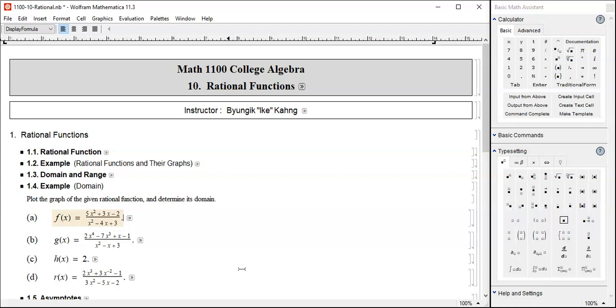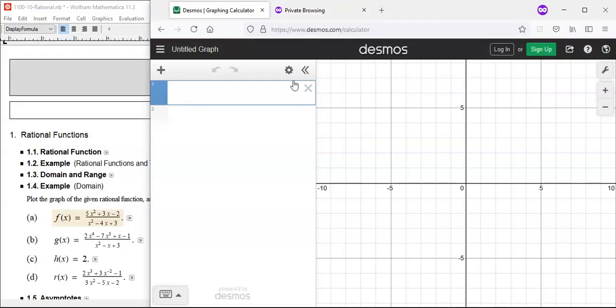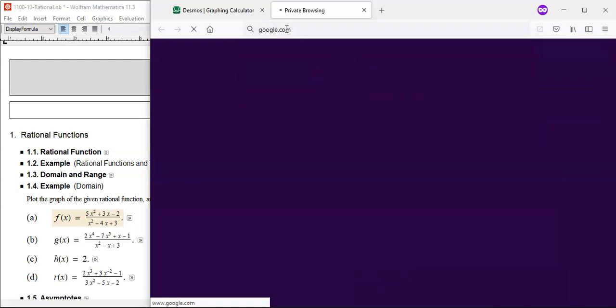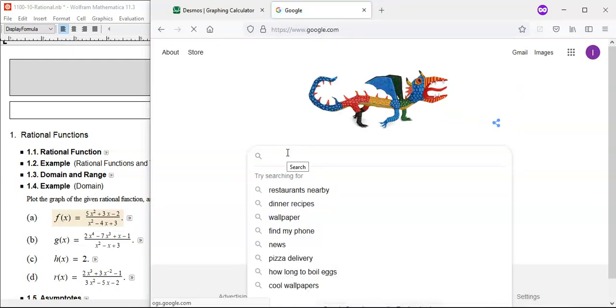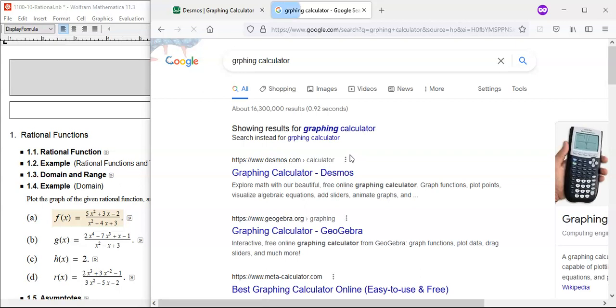Desmos graphing calculator is free for everybody, so please use it. Let's see. I already have it here, but in case you're wondering, go to any web browser and then go to Desmos graphing calculator or just graphing calculator, because Desmos graphing calculator is popular, so it appears number 1.